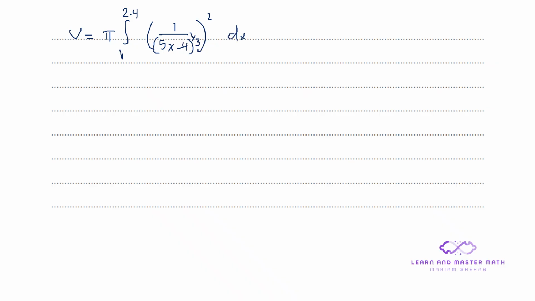So I'm going to write this as a power and then use the power rule for integration. This will be pi times the integral from 1 to 2.4. If you square this, it's going to be the power 2/3, and raising this up, this will be (5x minus 4) to the power minus 2/3, dx.